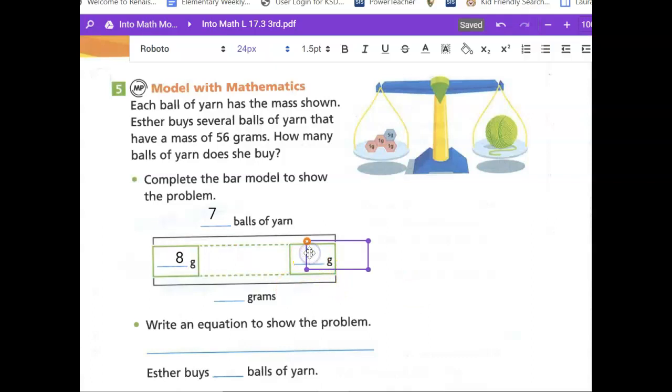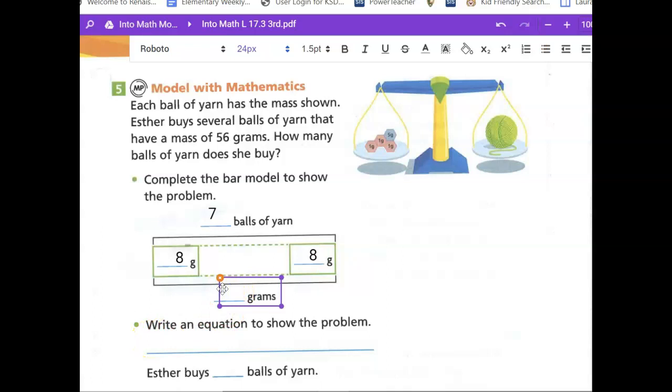But we know from up above here that we have to have 7 of these. So if I had 7 balls of yarn and they were each 8 grams, I would know that I needed to divide 56 by 8 to get 7.